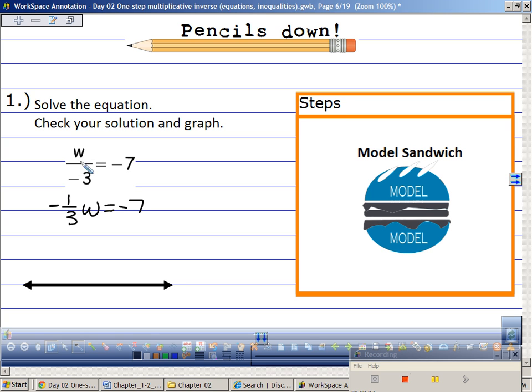For instance, isn't this right here the same thing as this?